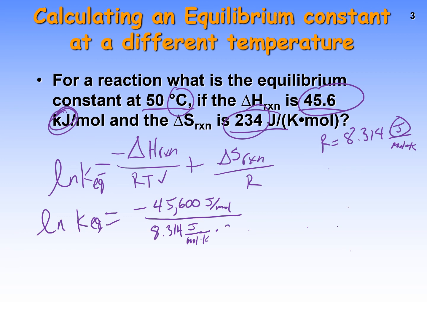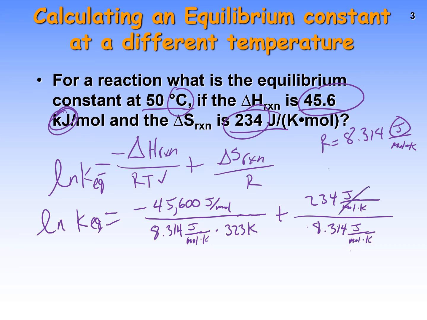So that will be 323 Kelvin. I'm going to add 234 joules per mole Kelvin and divide that by 8.314 joules per mole Kelvin. Now if we look at this, the units are all going to cancel out.